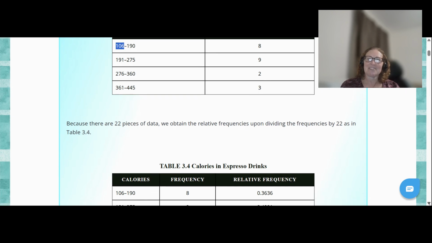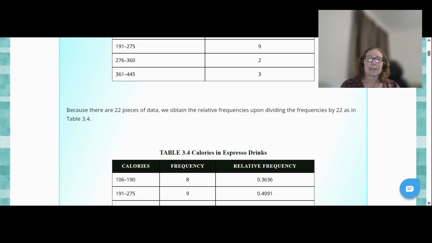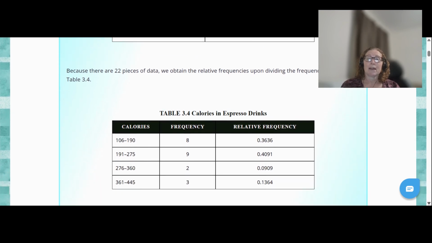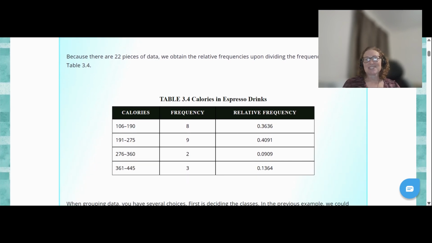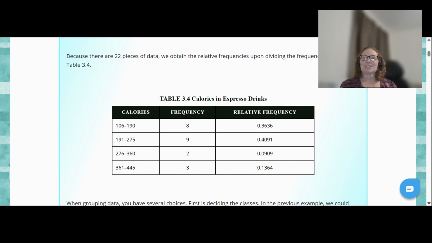So you can see that there. You can also, again, get the relative frequencies when you have a group. So you're doing the relative frequency of not just each piece of data, but the grouping. So we know that there were 8 in the 106 to 190 range.